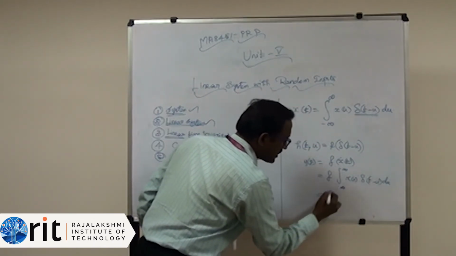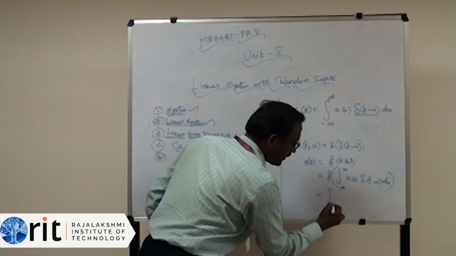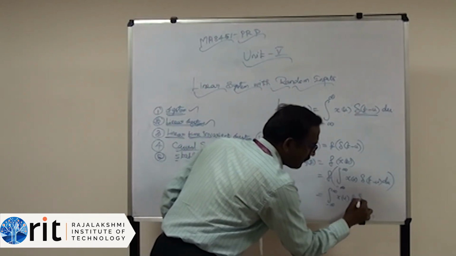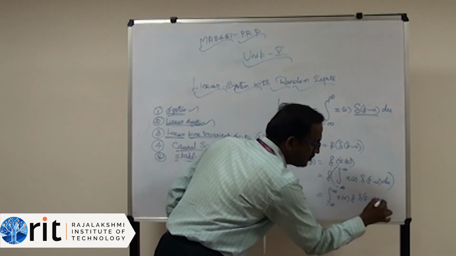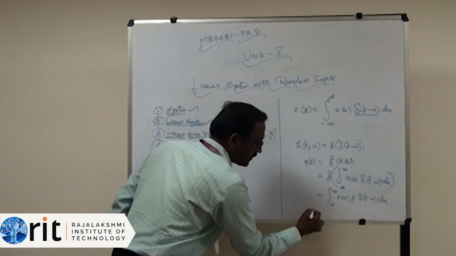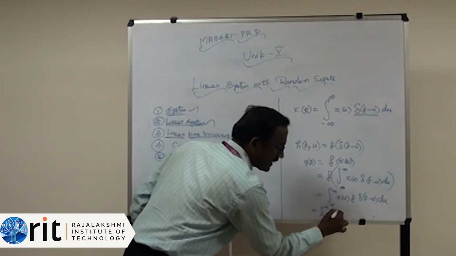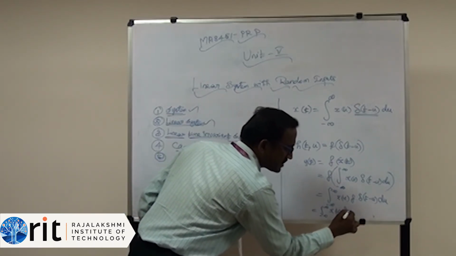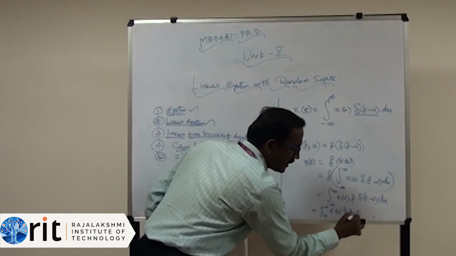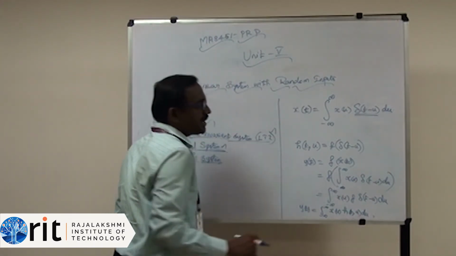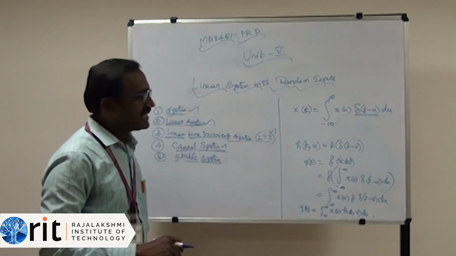Taking the function inside, the integral from minus infinity to plus infinity of x of u into f of delta of t minus u into du is equal to the integral from minus infinity to plus infinity of x of u into h of t comma u into du. That is the impulse response of the linear system.